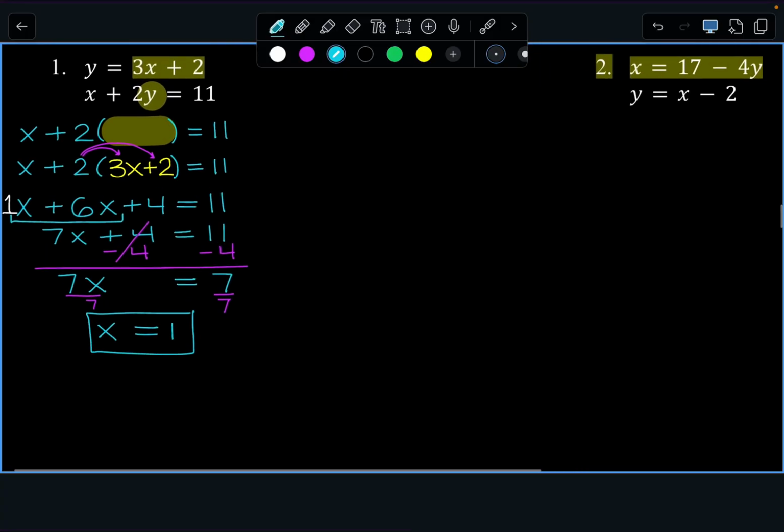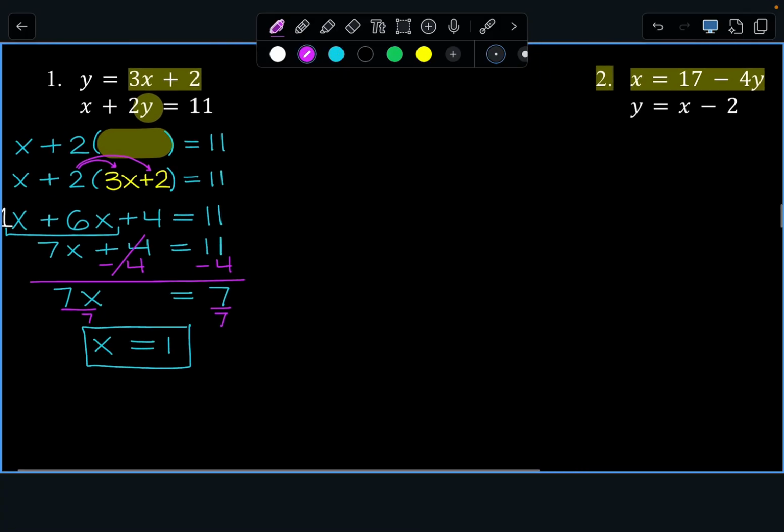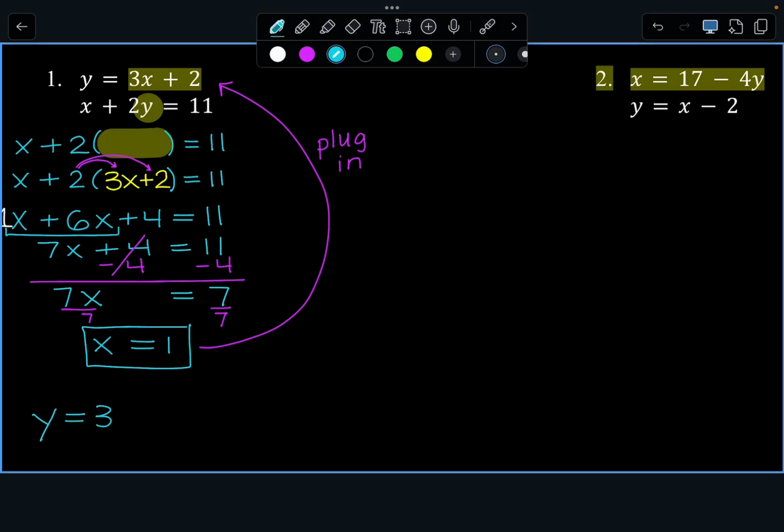Once we find x, we need to then go ahead and plug back in, so y equals 3 times x plus 2.